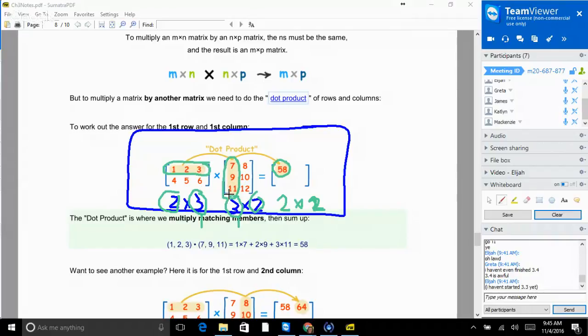That's what I was trying to say. And what you will do is you'll say 1 times 7, it's written right here for you, 1 times 7 plus 2 times 9 plus 3 times 11 gives me 58.